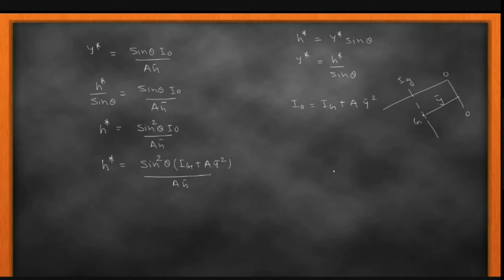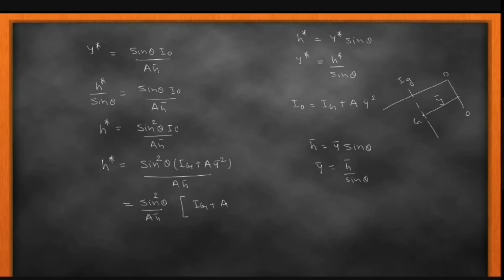Now we again know that Y cut, similarly we can put down the value over here. We know that H cut equals Y cut into sine theta. So Y cut equals H cut divided by sine theta. So we put down the value over here and we separate out the denominator. So sine square theta upon A H cut in the bracket, we get this IG plus A into Y cut.